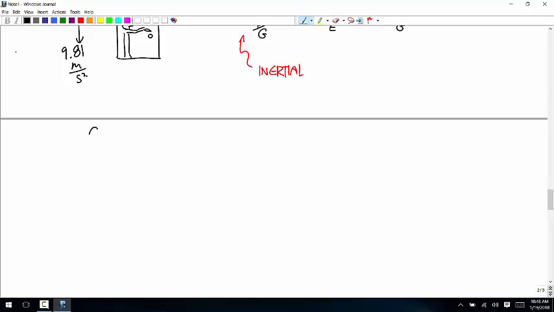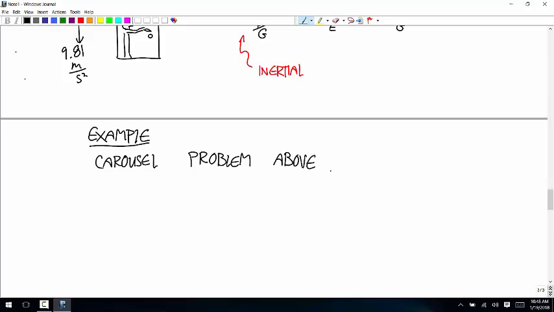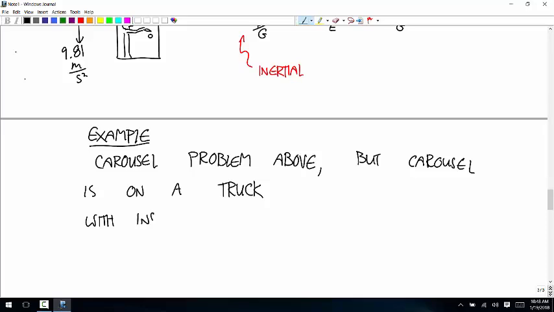Okay, let me just do a real quick example. Let's say it's the same carousel problem, except this time the carousel is on a truck with an instantaneous velocity vector.